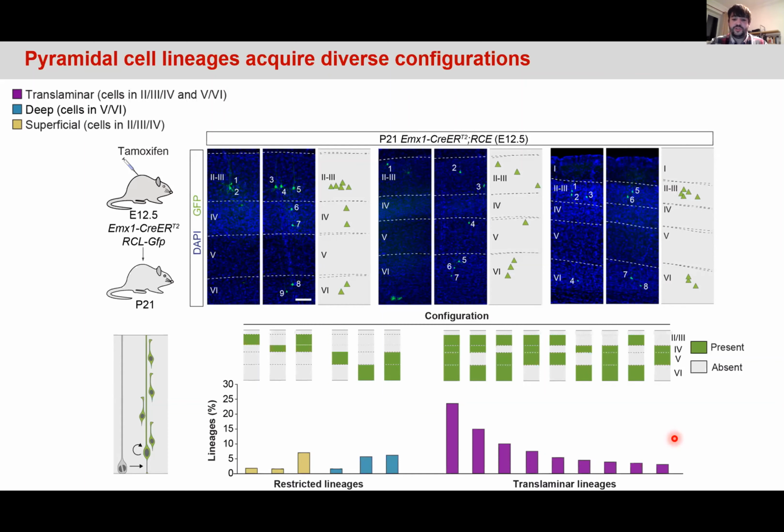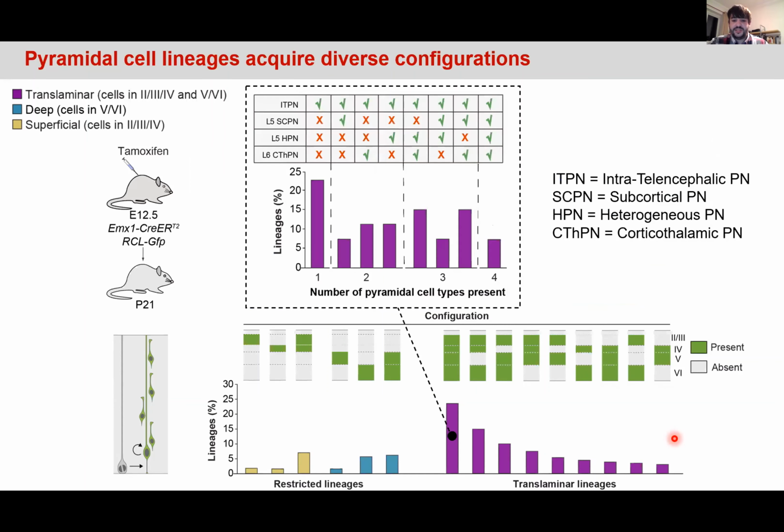But we also wanted to check the composition of these lineages in projection types, and we did that using known molecular markers that have been classically used to identify those projection types. So here I'm showing the composition of lineages in projection types only for those lineages that are complete in laminar composition, so those that contain cells of all the different laminar identities.